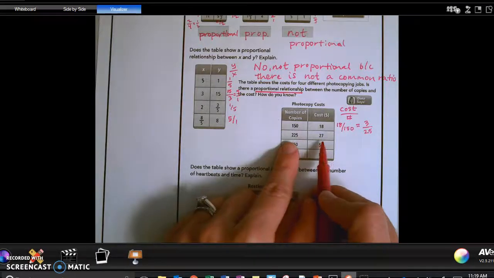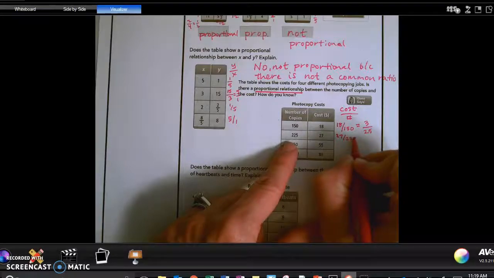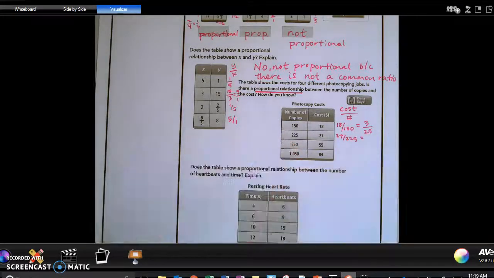As I look at my next row, I'm going to compare cost to copies. And again, I need to find the greatest common factor for 27 and 225. So I might first check and see if 27 will go into 225, but it won't.